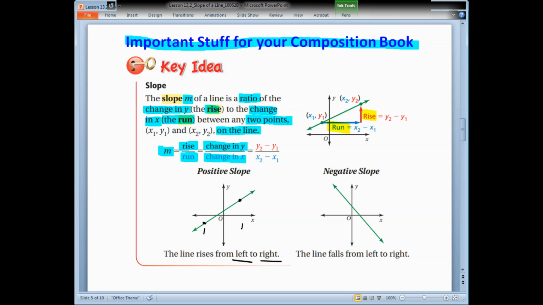The change in x, when I go from this point to that point, and then the change in y when I go from this point to this point, you're going to end up with a positive value. But here, negative slope, so now we're going to look at lines that fall from left to right. And when a line falls from left to right, the change in y divided by the change in x will be a negative number. And we'll practice this in a moment.